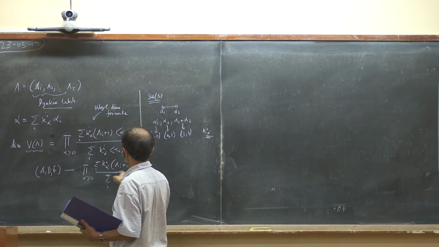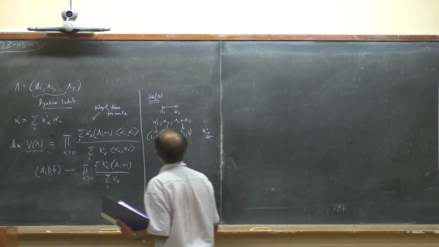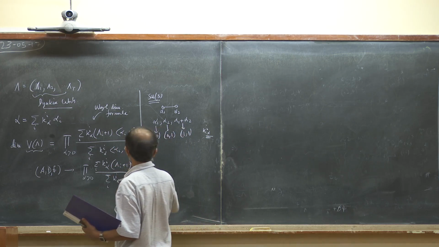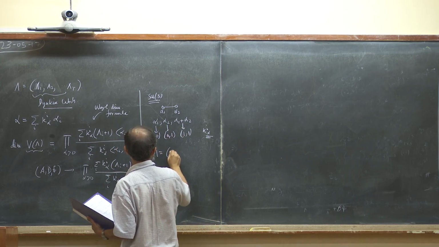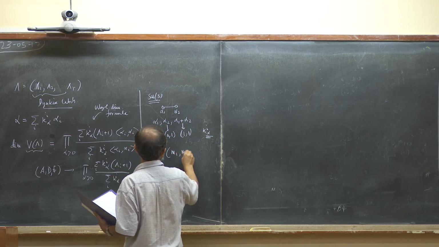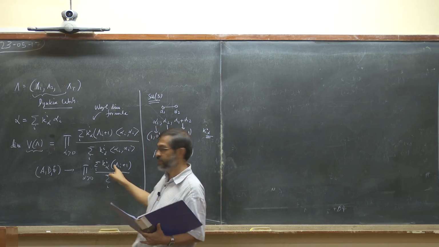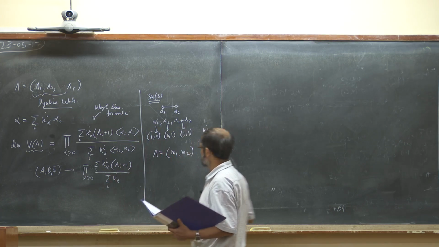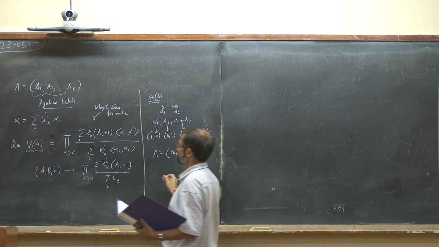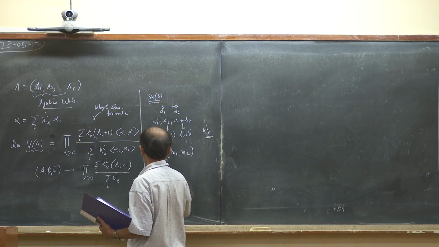Good. And now let us look at the highest weight, which is given by m1, m2, which I have called here lambda 1 and lambda 2. So now the dimension.